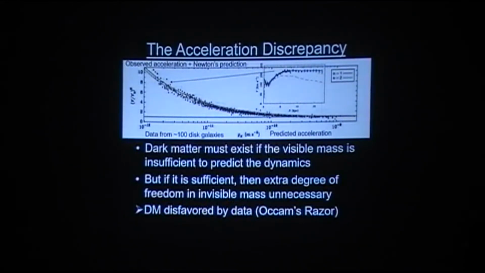So obviously you need to modify gravity if you're going to go down that route. The reason is that this line, although there is a well-defined relation, is not a flat line at 1, which is what would happen if existing theory was working. So you have to have a new law of gravity.